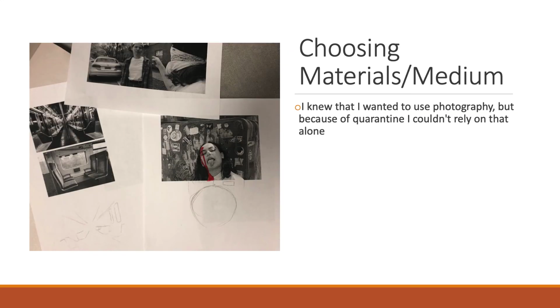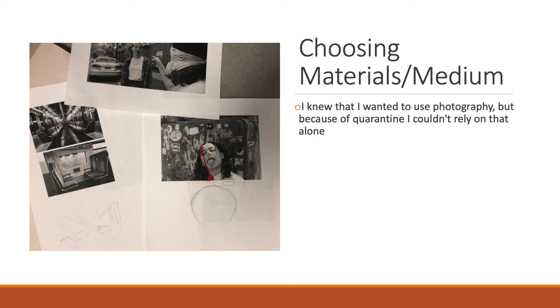So when I was choosing my materials and my medium, I had to experiment a lot because I knew that I wanted to use photography, but I did not know how I would adjust those photographs to make them work for this project. And so, as you can see in the photograph, I tried a little bit of sketching with some pencils.